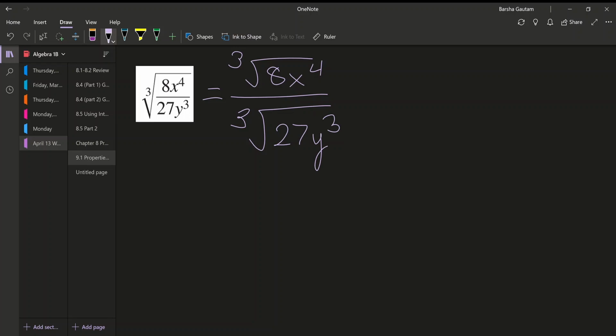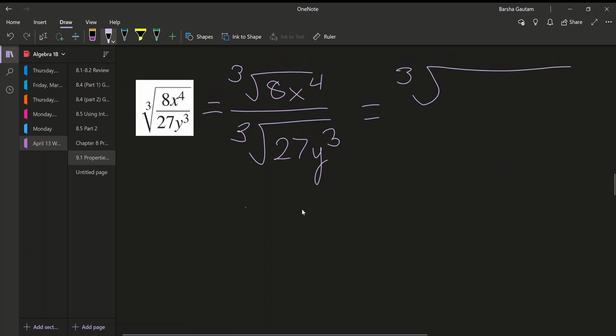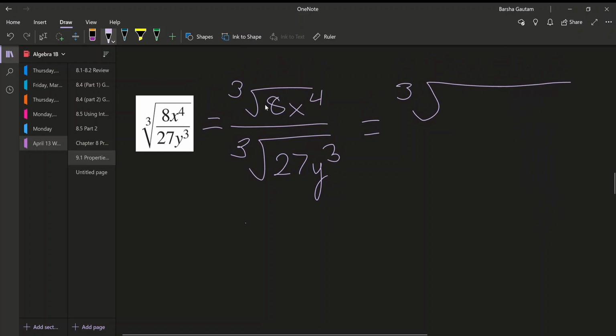All right, so now what we're going to do is separate this out into smaller pieces again, so we can see if those smaller pieces have anything that we could simplify. So we can take this 8 out. So 8 times, so we have x to the power of 4.